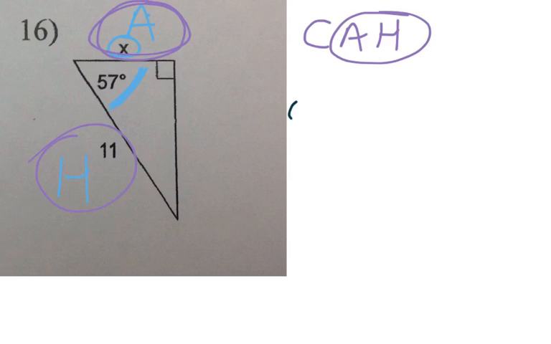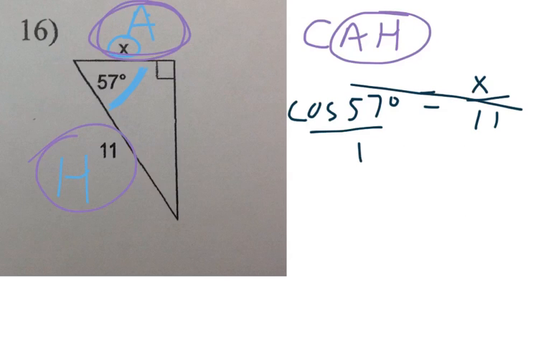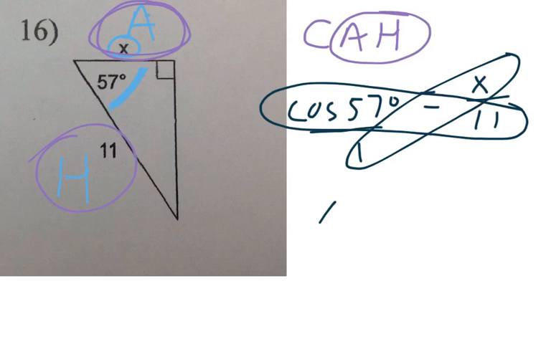So we're therefore going to take the cosine of 57 degrees. And we know that cosine of 57 degrees is the adjacent over the hypotenuse. Again, putting this over 1, you can see when I cross multiply, I'm simply going to do 11 times the cosine of 57. And that's going to equal x times 1, which is x.